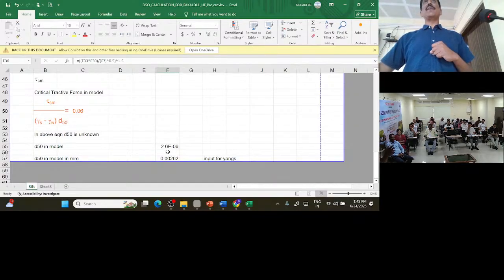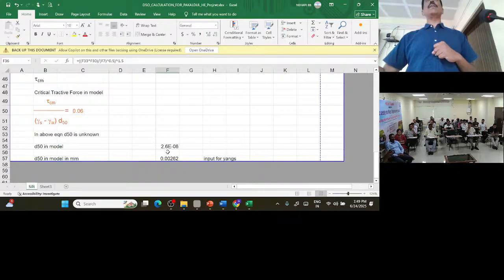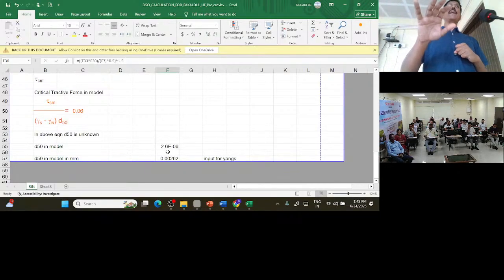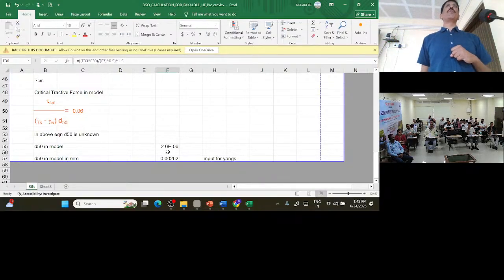We know the critical shear stress and we know the ratio, so we know what critical shear stress is required in the model. For that critical shear stress, we have to compute what particle will be moving. That again comes from the Shields formula. The critical shear stress is known, the specific weights we know, and D50 is the unknown parameter we are calculating for the model, and again 0.06 is the threshold value where the movement will begin.